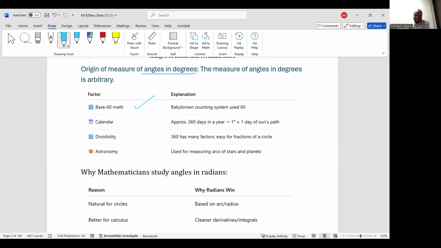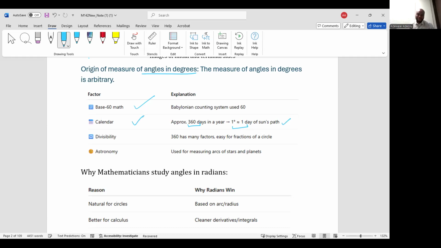That said, they also based their ideas on the calendar. There are 365 days in a year, so approximately they said, well, 360 days in a year, where 1 degree is approximately equal to 1 day of the sun's path.